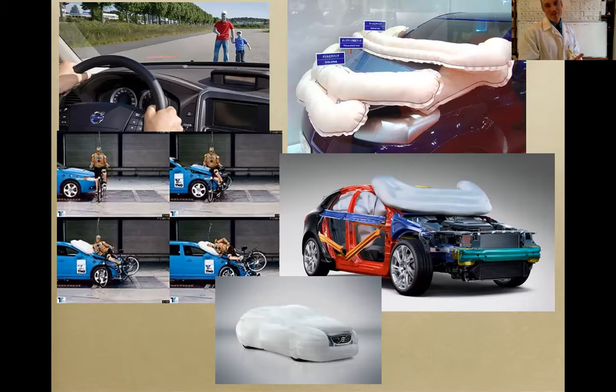But one of the funniest things was in the first test of this airbag system, they used a dummy, of course, and they drove into it. The timing was off, so the person actually hit the windshield, probably died, and then the airbag went off and launched the dummy off the road.